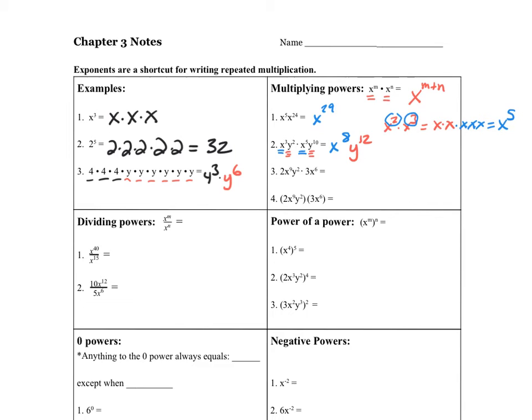On the third example, you'll notice that there are numbers in front of the bases. These are called coefficients. Okay, they do not have an exponent with them. So when that's the case, and I just have numbers, we can multiply those numbers together because that's what we're doing. We're multiplying, so 2 times 3 is 6.